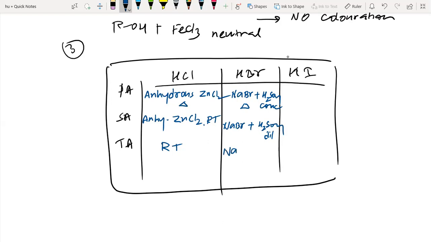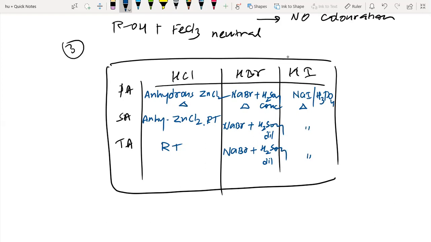Even for tertiary, NaBr plus dilute sulfuric acid is there. In case of HI, we have NaI and H3PO4 and heat, which applies for all, meaning the remaining two also.